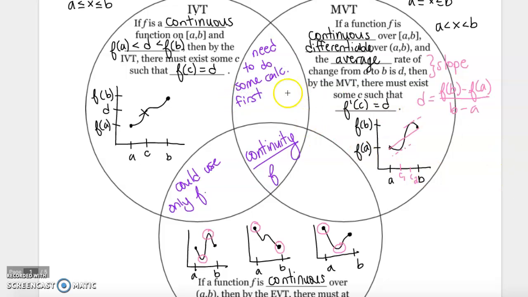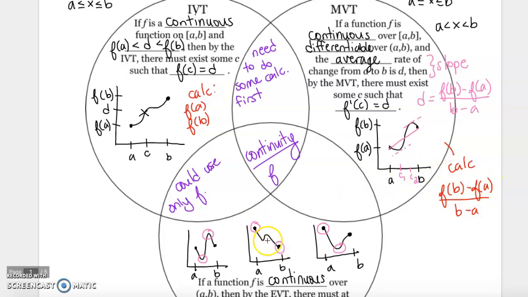For IVT, what that usually looks like is you need to calculate f of A and f of B first. For the mean value theorem, you usually have to calculate your average rate of change, so f of B minus f of A over B minus A.